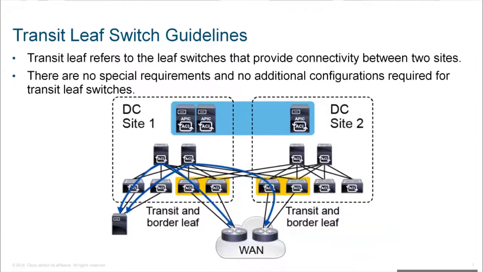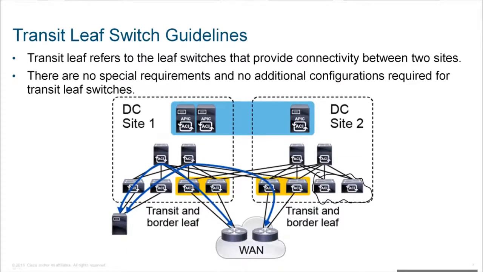Now, the guidelines about the transit leaf and the border leaf. What is a transit leaf? A transit leaf is the yellow ones that they have highlighted. It essentially is the one which needs connectivity to every spine. You see how this is designed? There are some leaves here. They are not transit leaves.